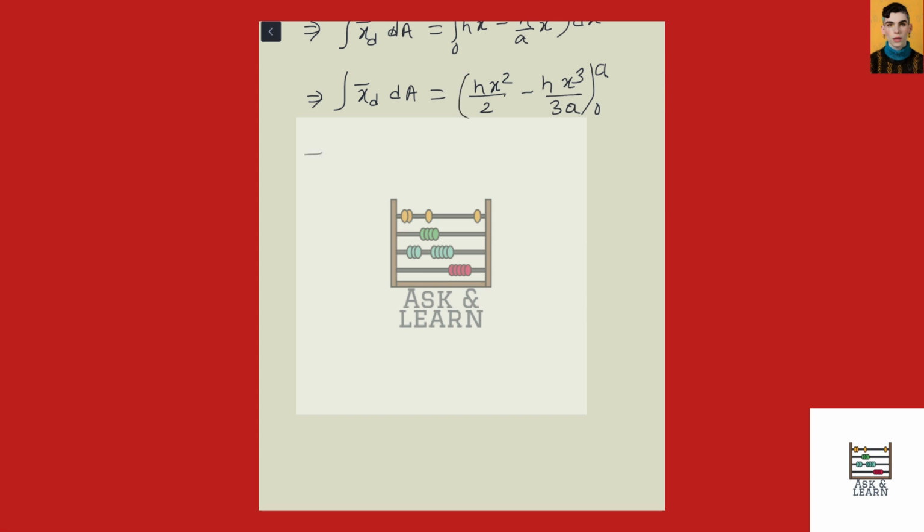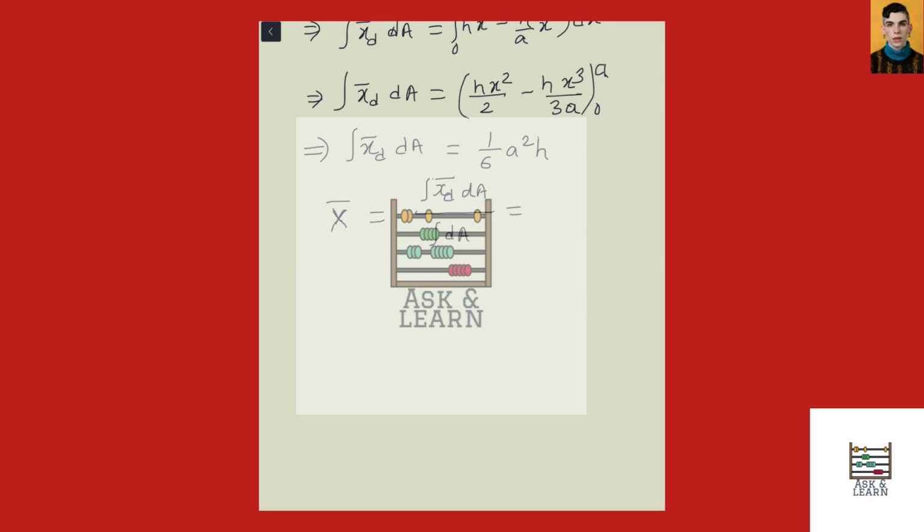So after solving it, the integration of xd bar into dA will be equal to 1 by 6 a square h. So now x bar is given as integration of xd dA divided by integration of dA.